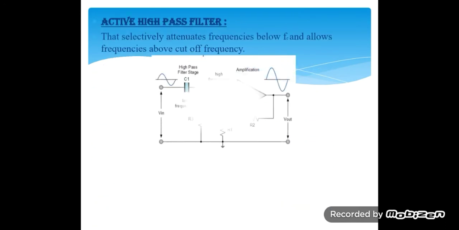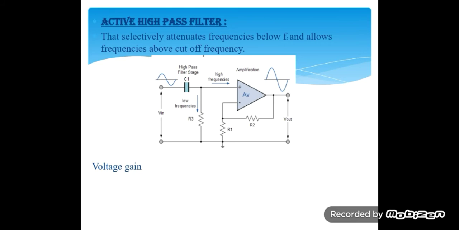Moving to the next, active high pass filter. An active high pass filter attenuates the frequencies lower than the cutoff frequency and allows the frequencies higher than the cutoff frequency. Here also, as I already said, an RC network is connected to the non-inverting terminal, and the R1 and R2 connected to the inverting terminal decide the gain of the operational amplifier, and the RC network decides the cutoff frequency.